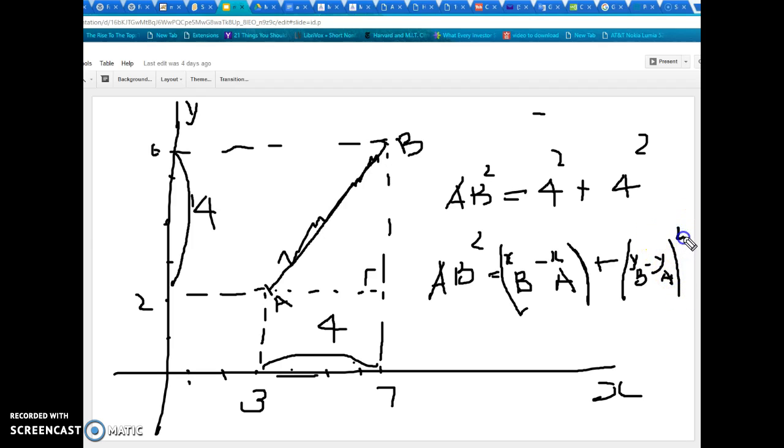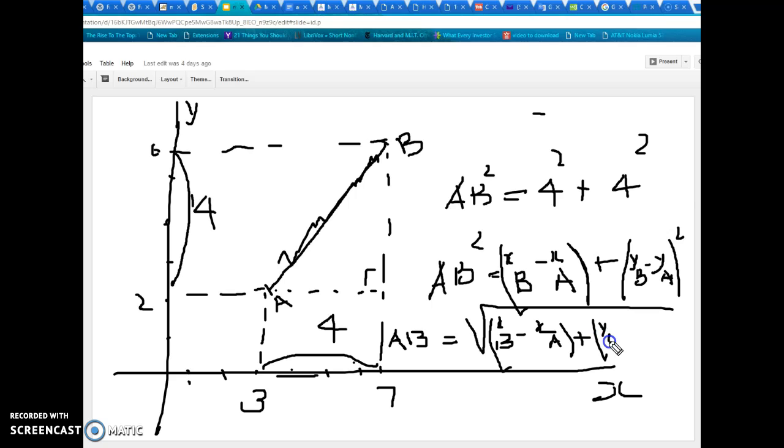That's the general formula. I can also write it another way if I want. I can say AB equals the square root of xB minus xA, squared, plus yB minus yA squared.